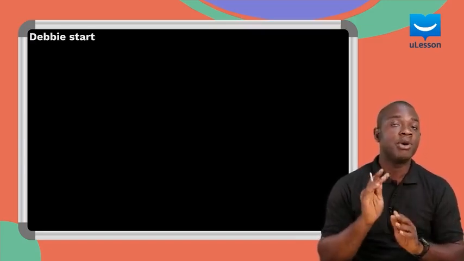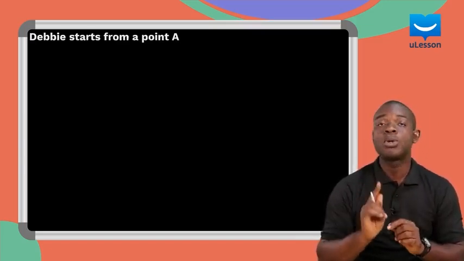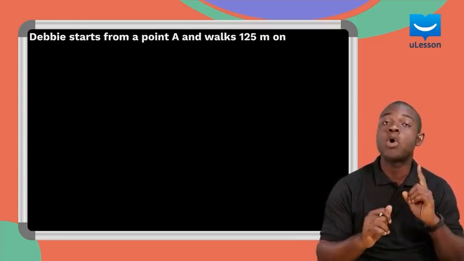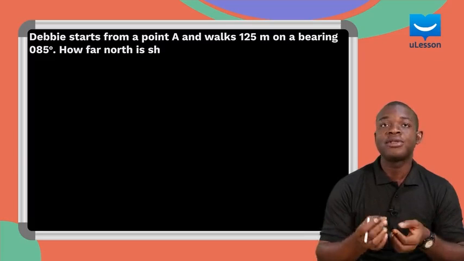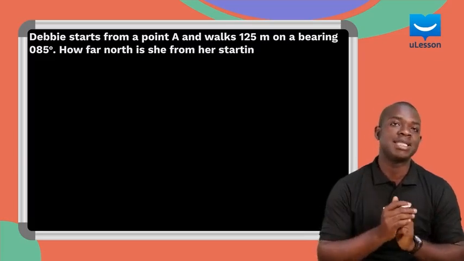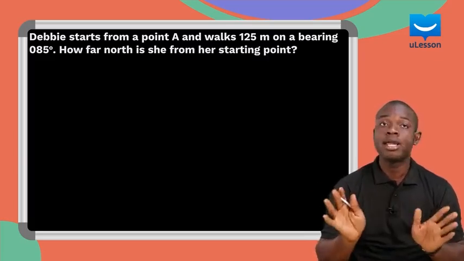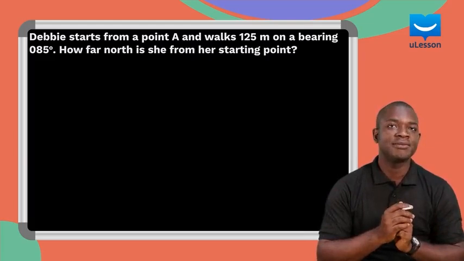Debbie starts from a point A and walks 125 meters on a bearing of 85 degrees. How far north is she from her starting point? Again, we make a sketch first.